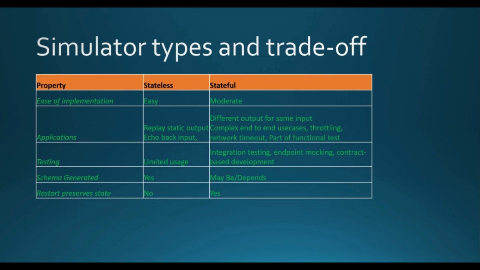Versus a stateful simulator, again a typical scenario where a customer is created on a target endpoint system and then you want to retrieve it. This simulator maintains some kind of pointer or reference to the record that is being written, and when you want it back, it gives you the copy that was created earlier.